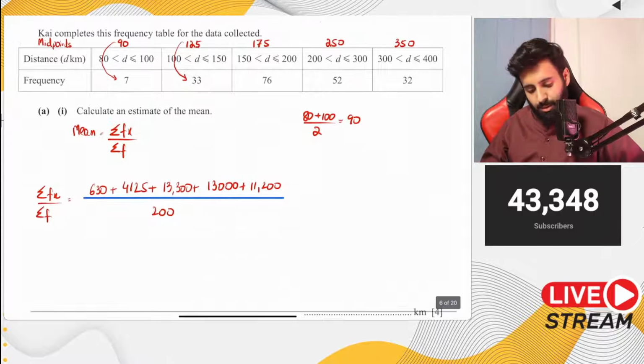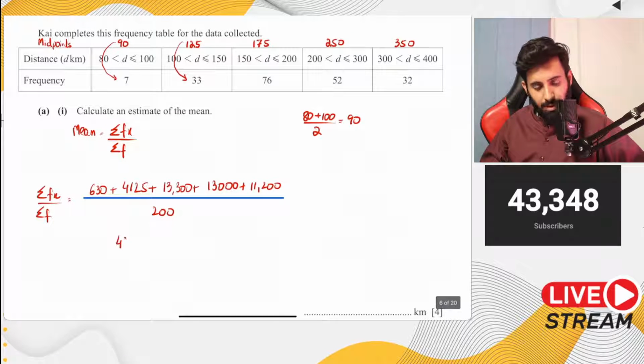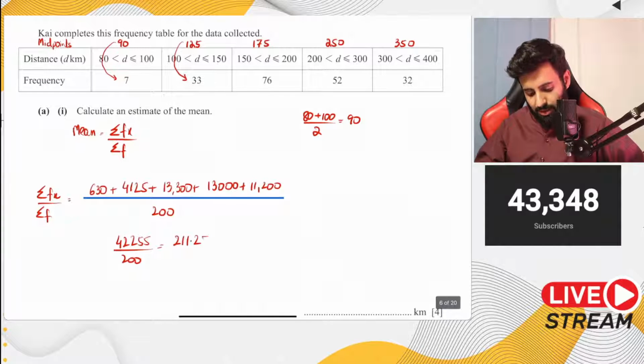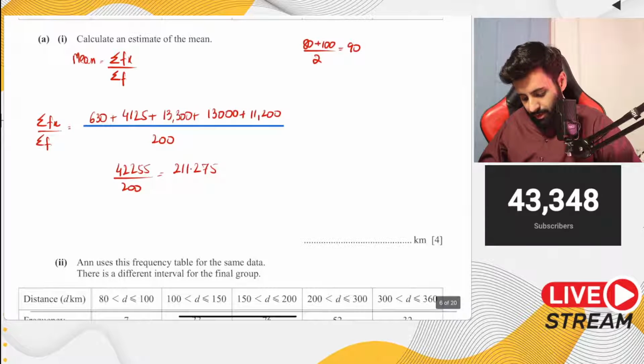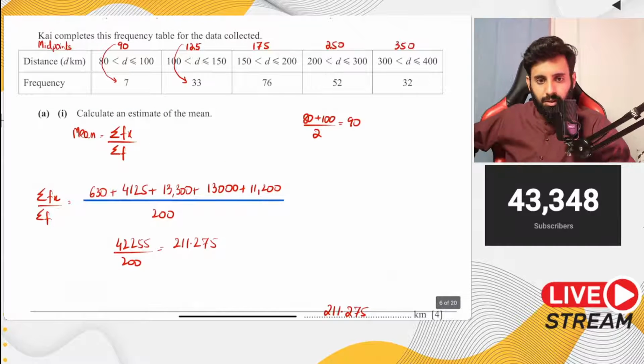So that's 42,255. 42,255 divided by 200 is 211.275. Now since this is a terminating decimal, we'll just give it as it is. No need to round this off. And there you go. That's your answer.